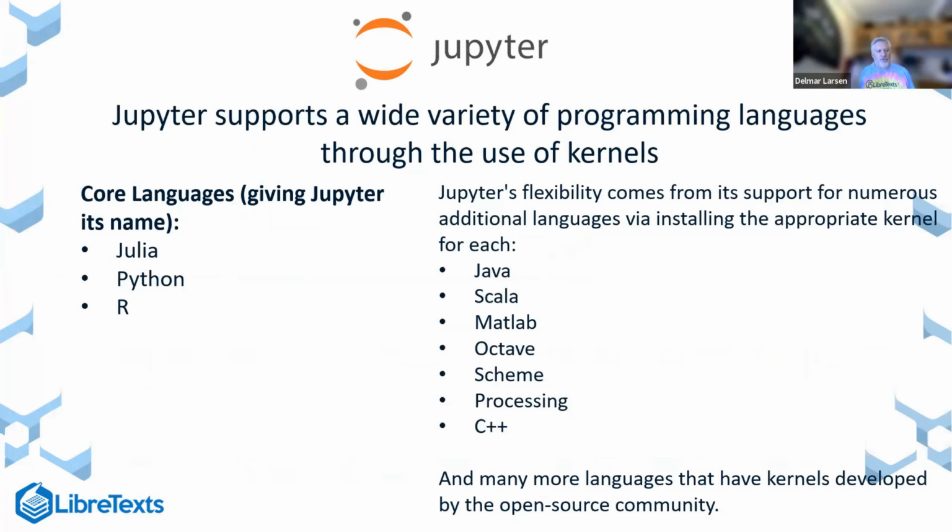I mentioned again that Jupyter is useful for computer science and for data science. It's an environment that lets you go in, write and run code, and see the results. Its name, Jupyter, comes from Julia, Python, and R as the three core components.